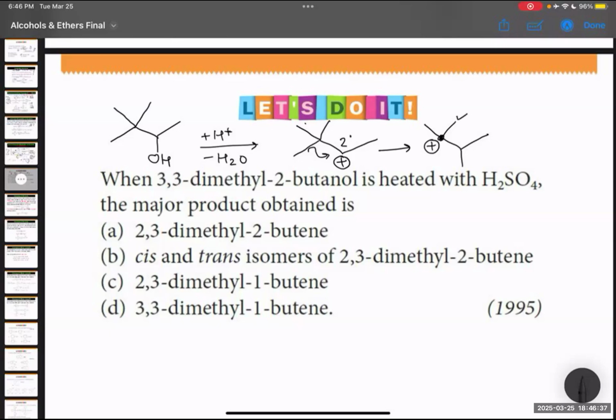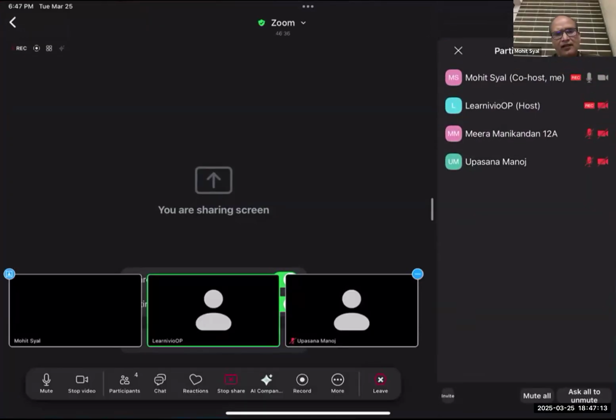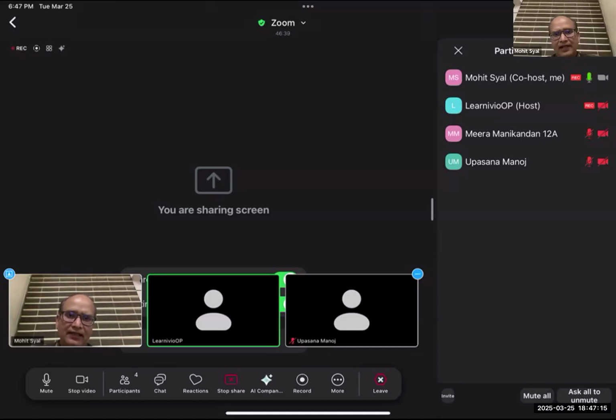The H can be removed either from this, or from this. But I'm going to remove the H from the middle, from the internal carbon. I'm not going to remove the H from the outer carbon. Because I told you that the alkene which we are going to get is the Zaitsev alkene.